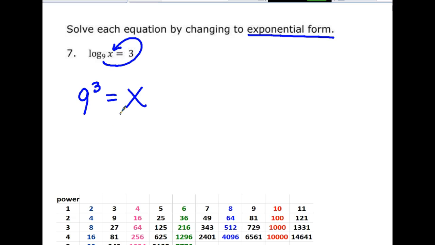You can put 9 to the third power in your calculator. I also put the chart back up here, and so you can look at the chart and see that x would be equal to 729. 9 to the first power, 9 to the second power, 9 to the third power. Or you can put it in your calculator.